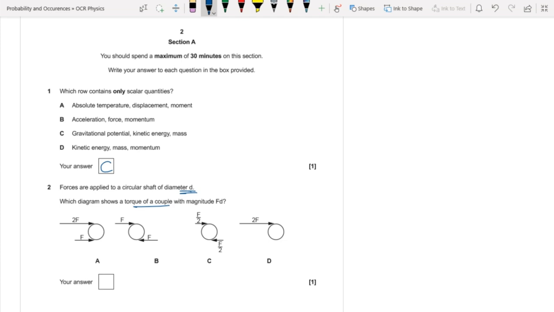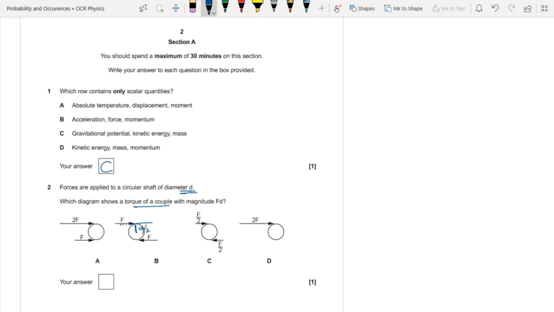If we have a look at B, there are two forces, and the torque of a couple is force multiplied by the perpendicular distance between the lines of action of the forces. So this distance, as given, is D by 2.